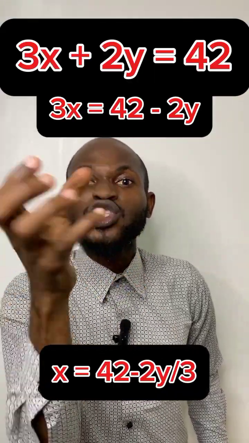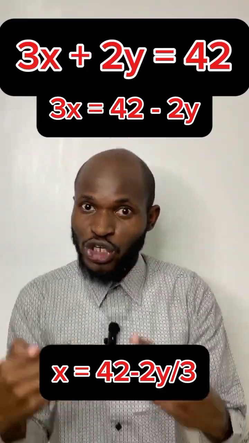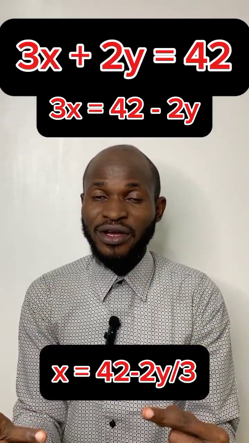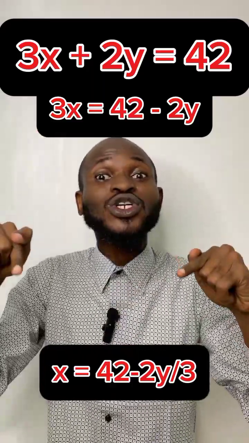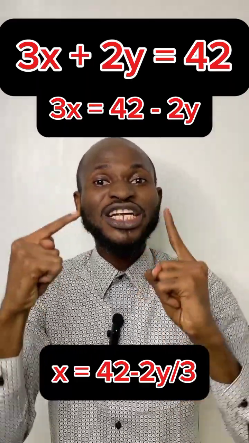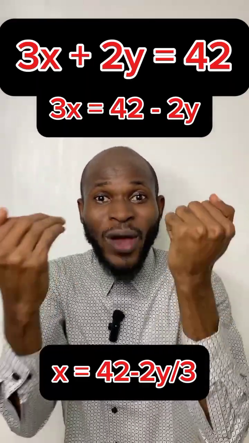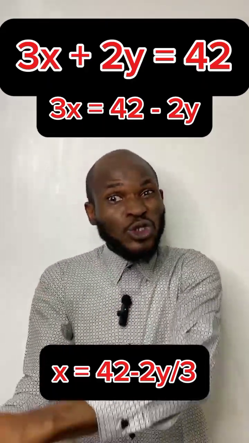This is now what you're going to use to substitute as x in equation 2, which you're going to see in a short while. All right, so now our x is no longer going to be x in equation 2. Our x will now be what? 42 minus 2y over 3, like a football match. When Messi leaves the field and Ronaldo comes on, you see, Ronaldo has now substituted Messi.